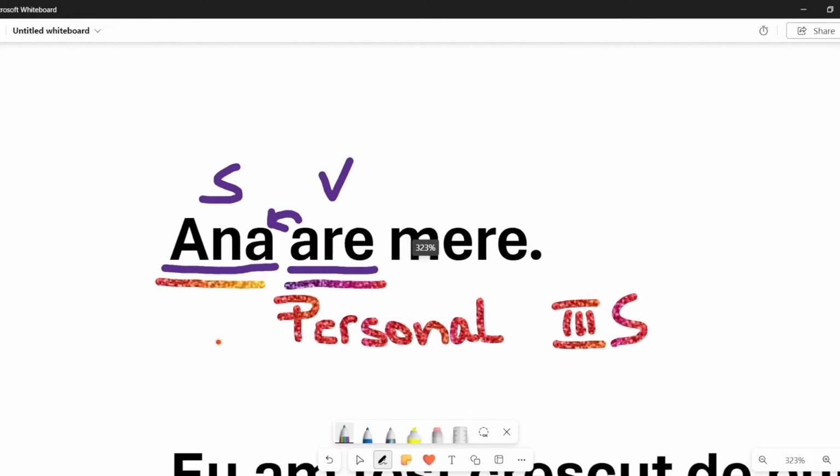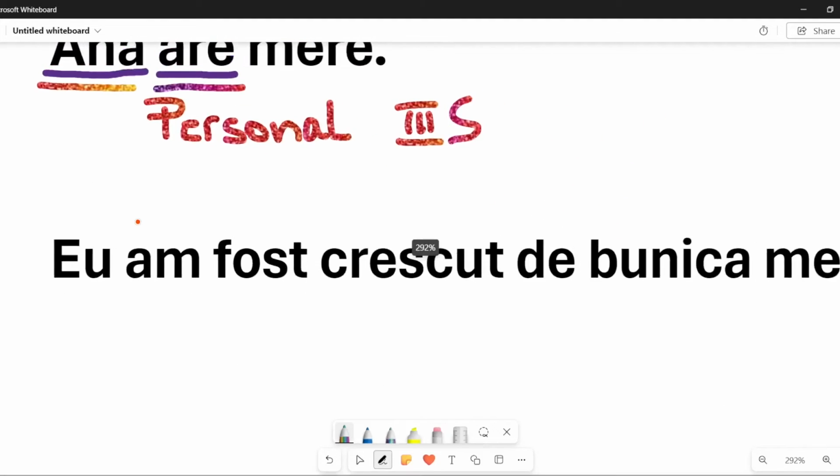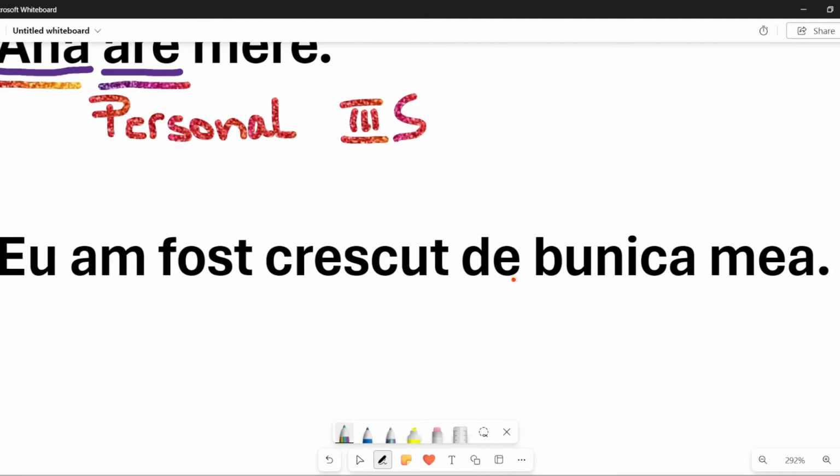Now, moving on to the second example. Eu am fost crescut de bunica mea. I was raised by my grandma. The subject of this sentence is eu, of course.